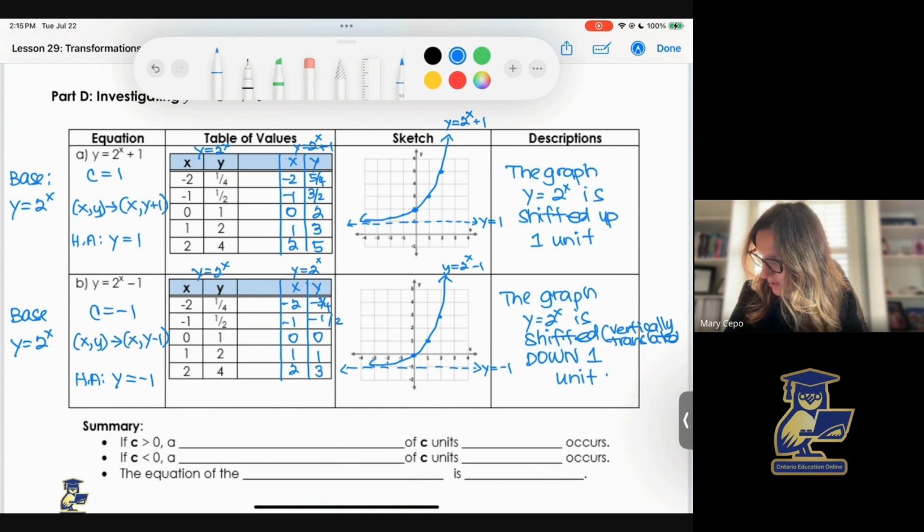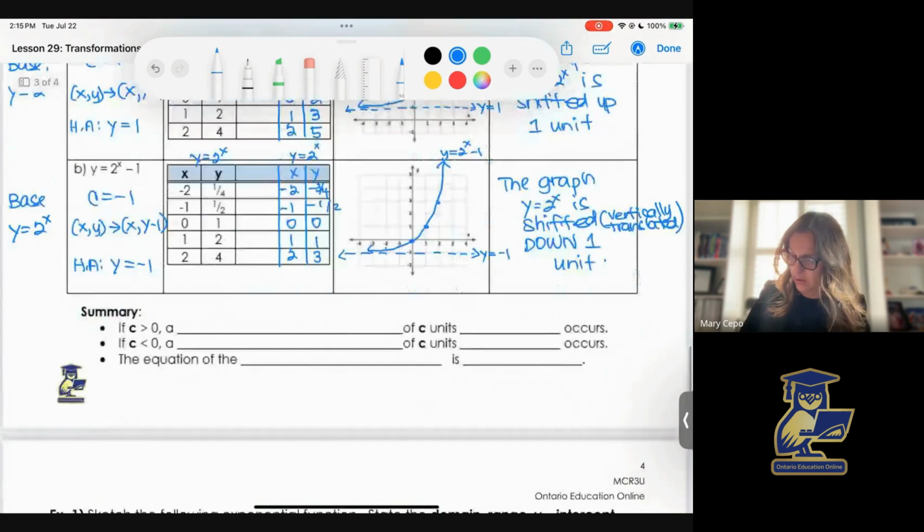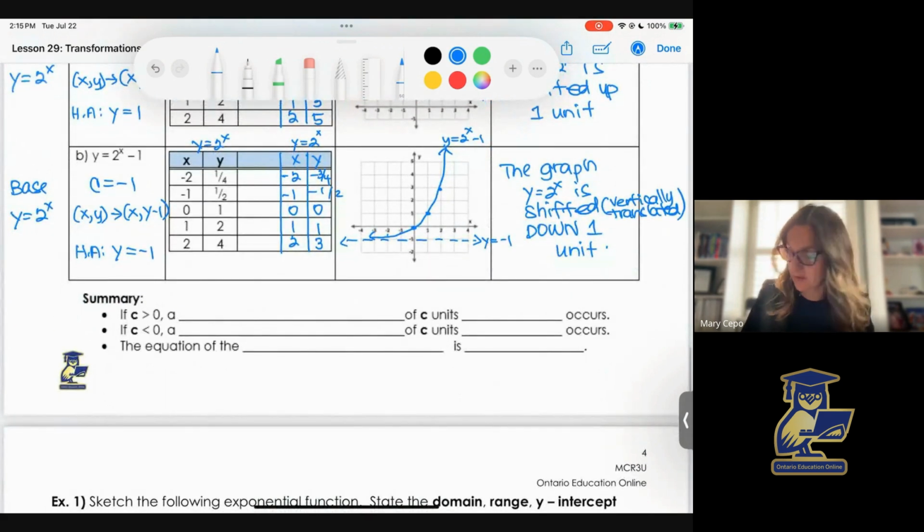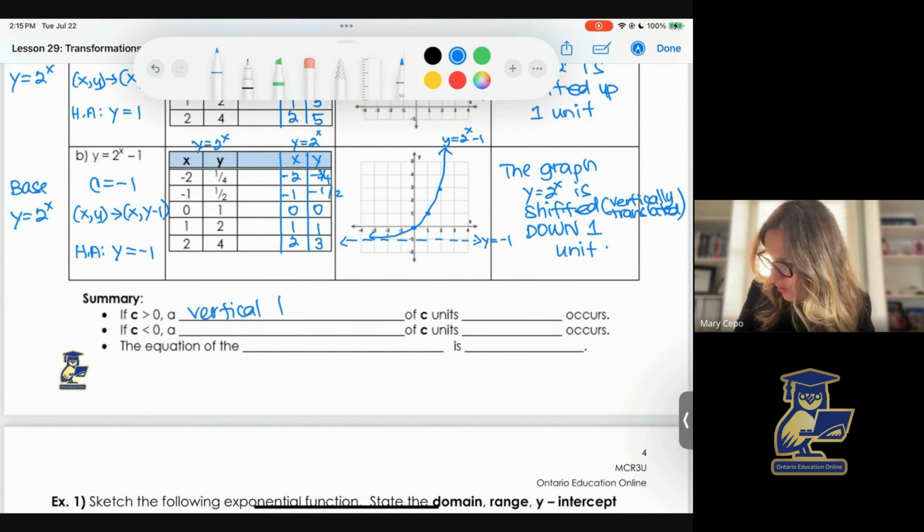Okay. So we learned that if c is greater than 0, that means we have a vertical translation, and this is proper mathematical language, a translation of c units upwards occurs.